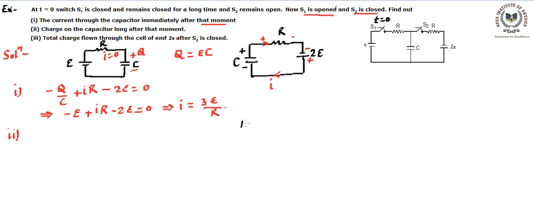So I'm simply drawing the capacitor after a long time. It will have two plates, right? This plate will become positive, this plate will become negative, and when the time becomes very large, or steady state, we will say this new charge is, let's say, q dash.